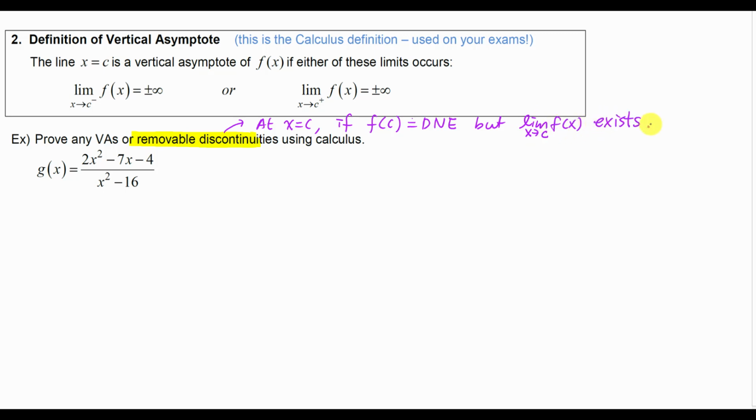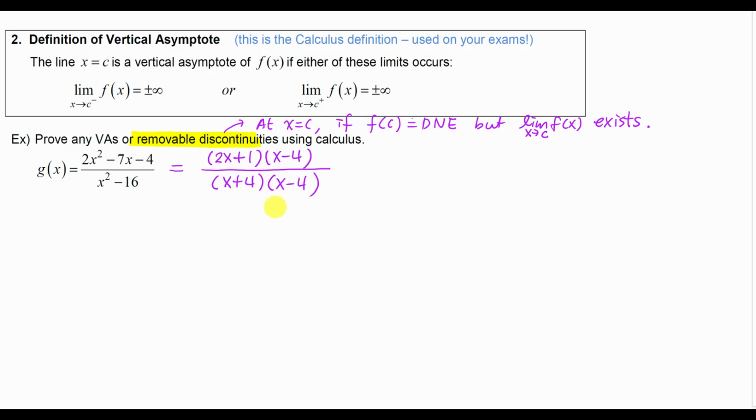Alright, so let's do the following problem. I have a rational function g of x equals 2x squared minus 7x minus 4 over x squared minus 16. So let's go ahead and factor: 2x plus 1 times x minus 4 over x plus 4 times x minus 4. So I can see that g of x does not exist at x equals negative 4 and x equals 4.